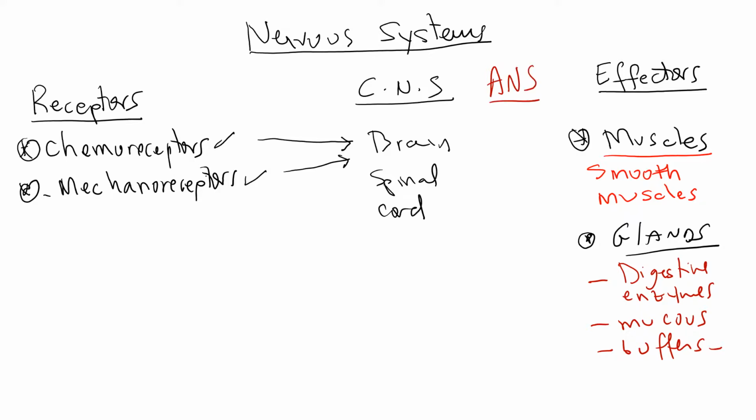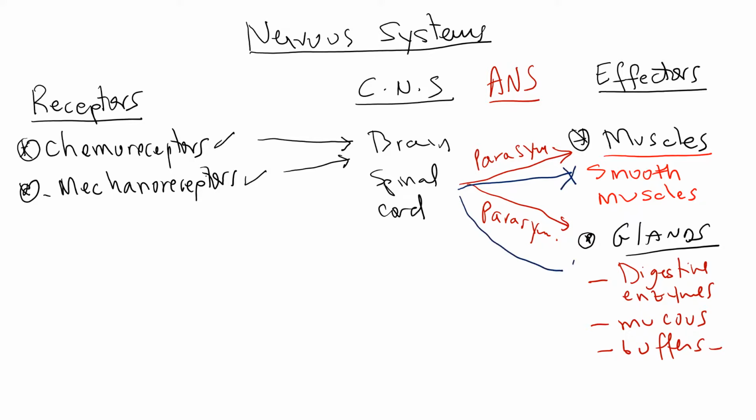You should remember from last semester that the parasympathetic stimulation of the GI tract stimulated the GI tract, whereas the sympathetic stimulation of the GI tract inhibited the GI tract.